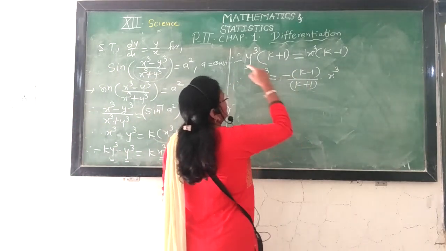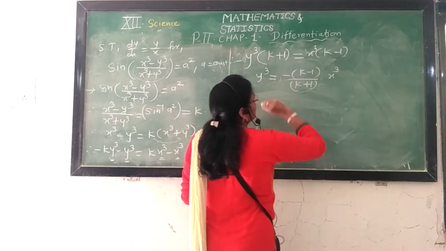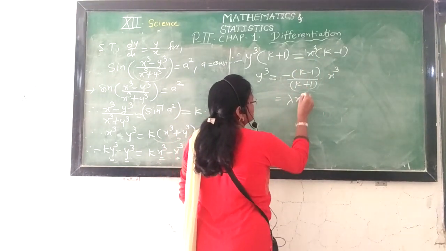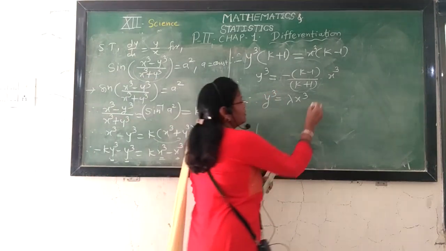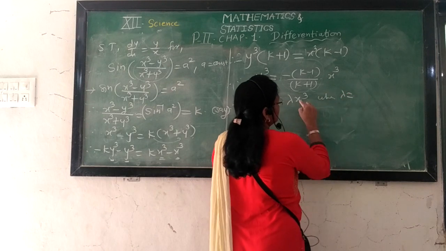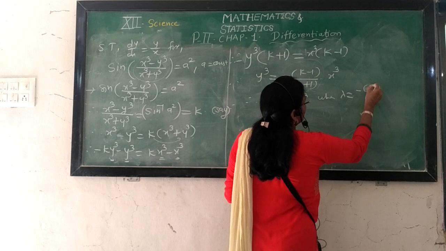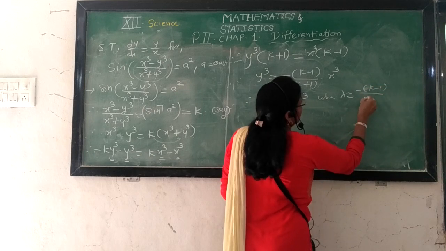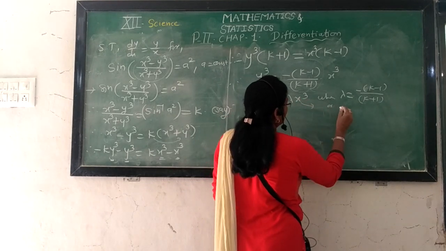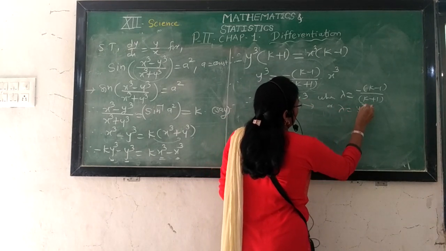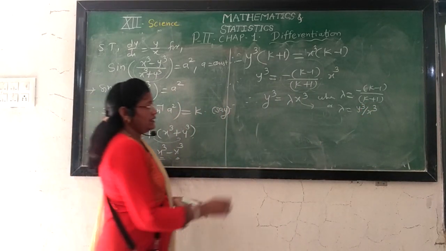Now again this is a constant, so we shift this minus of k minus 1 upon k plus 1 and call it the new constant lambda. So y cube is lambda x cube, where lambda is equal to minus of k minus 1 upon k plus 1, or again from this expression lambda is equal to y cube upon x cube.